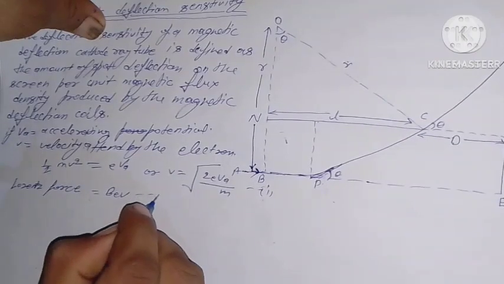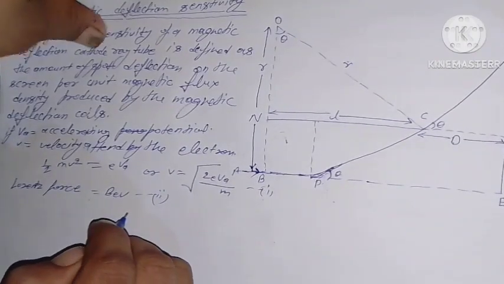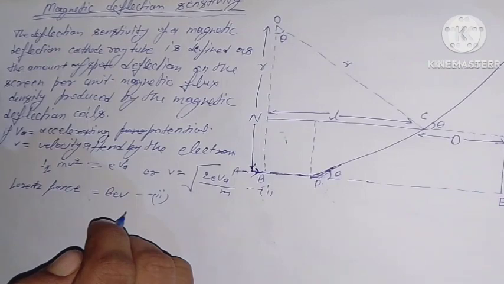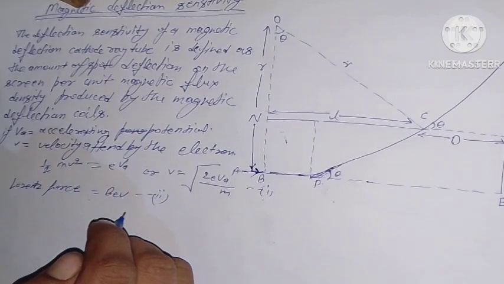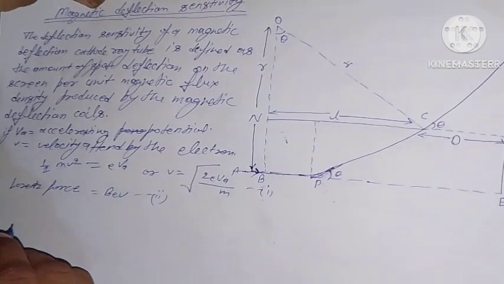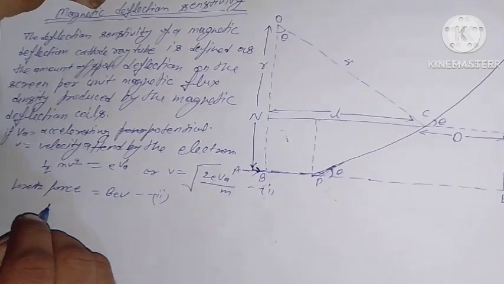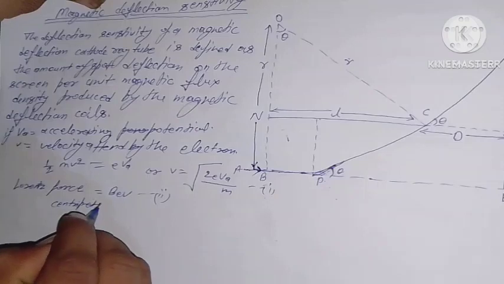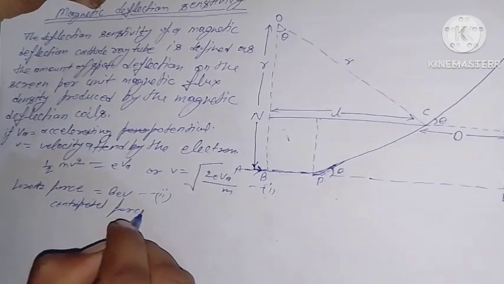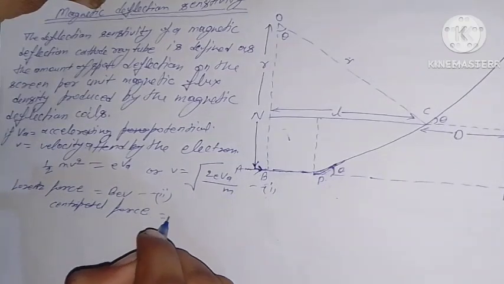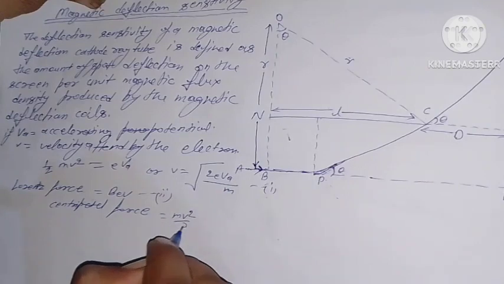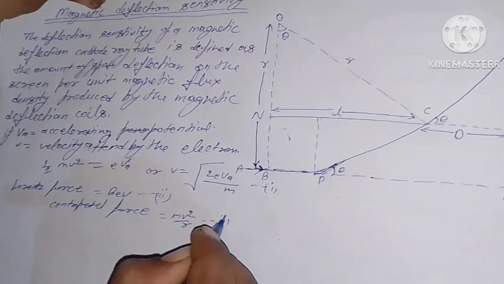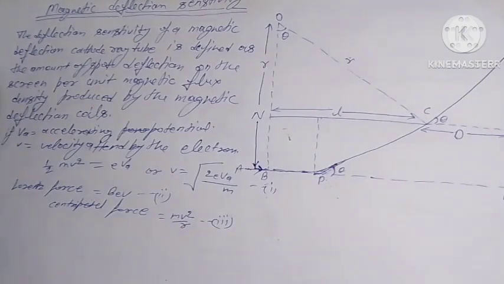This is equation number 2. The electron moves in a circular path of radius r and is acted upon by a centripetal force mv square by r. That is equation number 3.